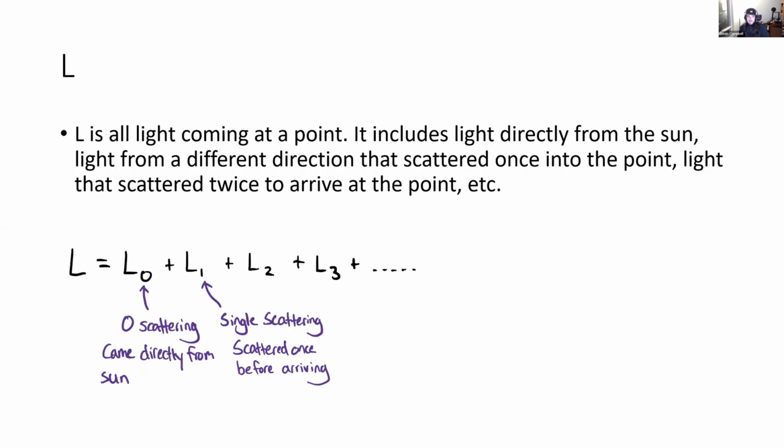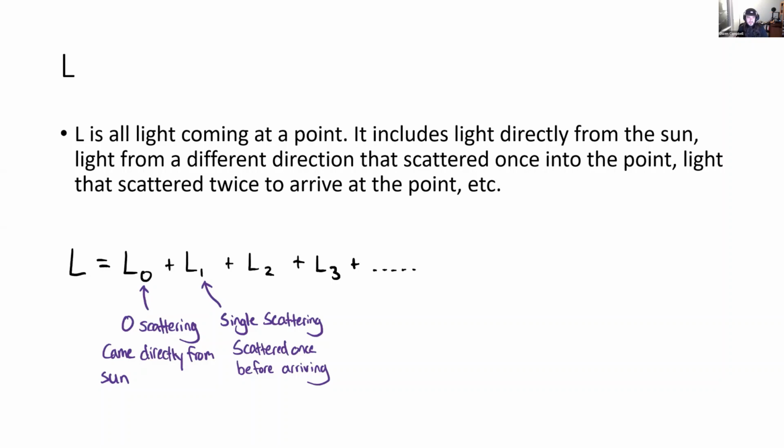So we don't need to have every term to get a decent approximation. And we can use the previous terms to calculate the next ones, which is how we get past this issue of the self-referential. You need all these scattering and reflectance things to calculate L, but you also need L to calculate those.